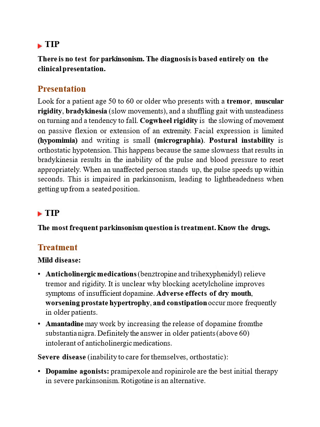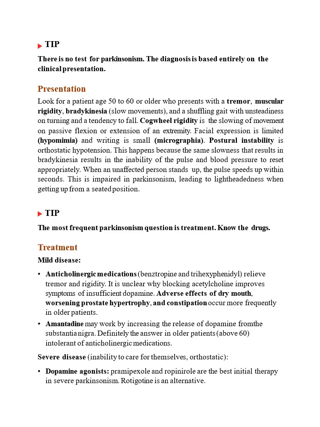Slide 26. We continue discussing Parkinson. There is a clinical tip which states that there is no test for Parkinson. The diagnosis is entirely based on clinical presentation. And how does Parkinson present?